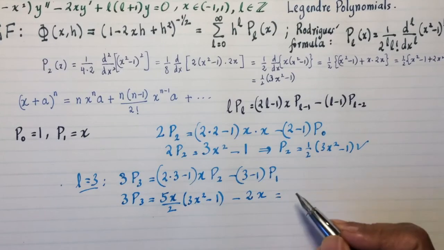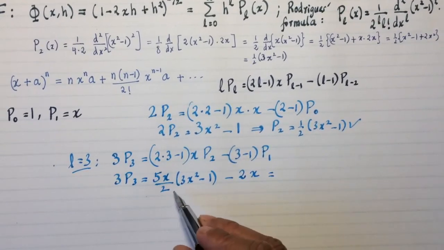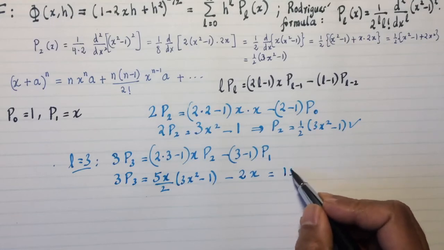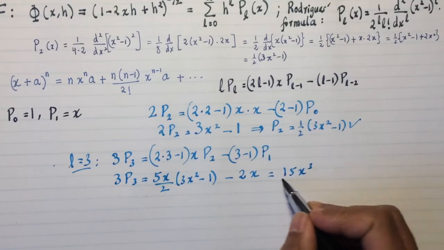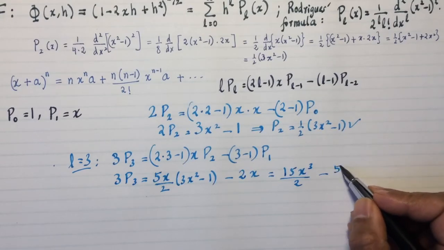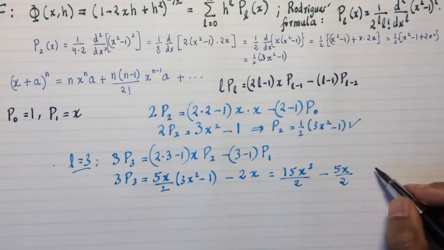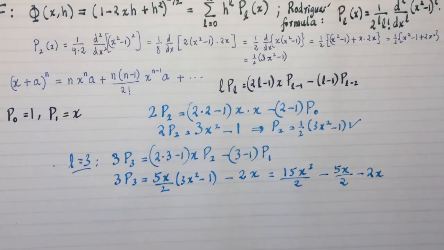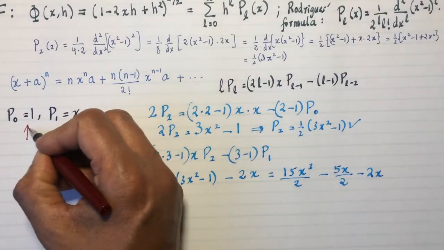So let's see if this can be simplified a little bit. That gives me 15 x cubed over 2 minus 5x over 2 minus 2x.